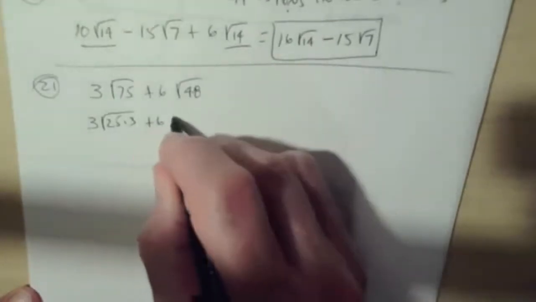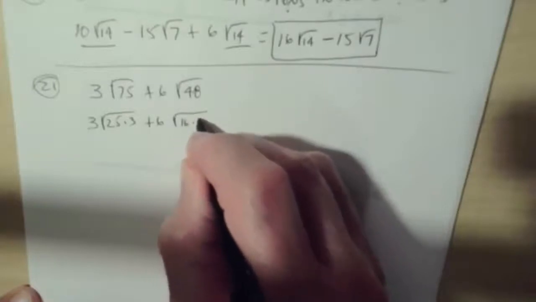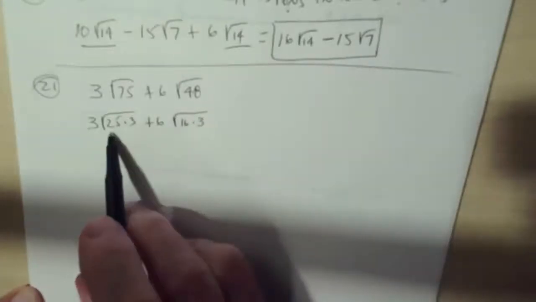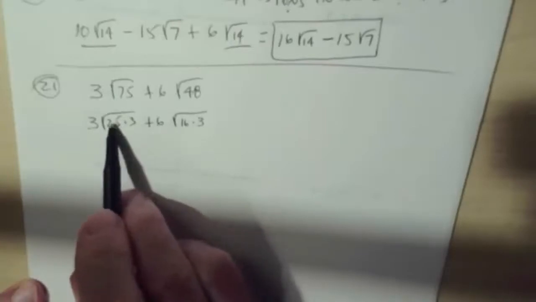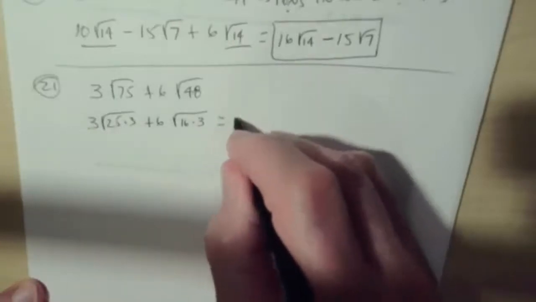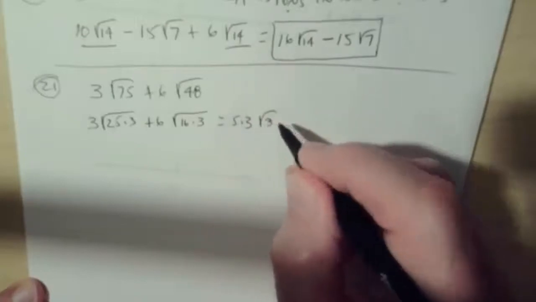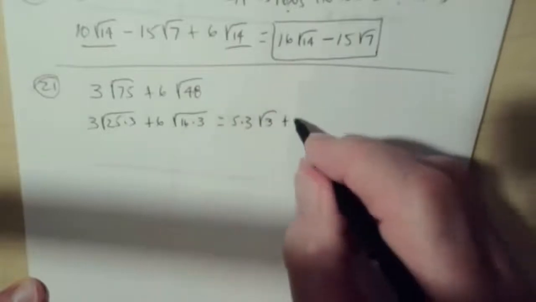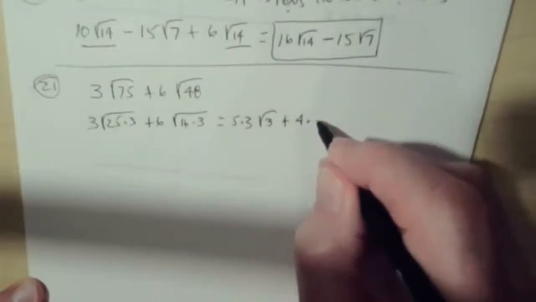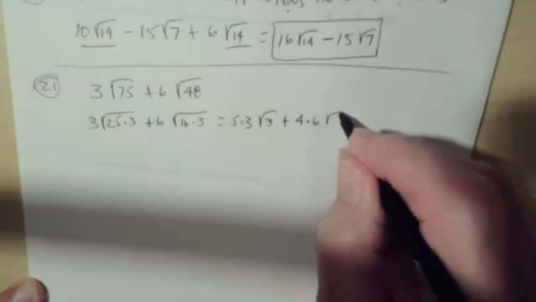And this is 16 times 3. So this is 20. The square root of 25 is 5, 5 times square root 3, plus square root of 16 is 4, 4 times 6 square root 3.